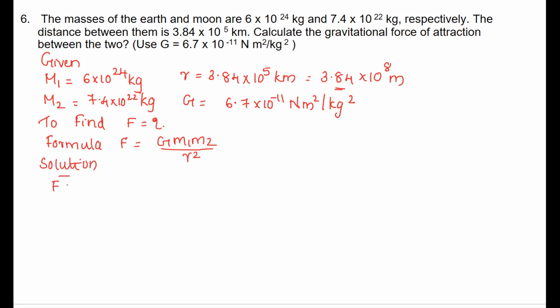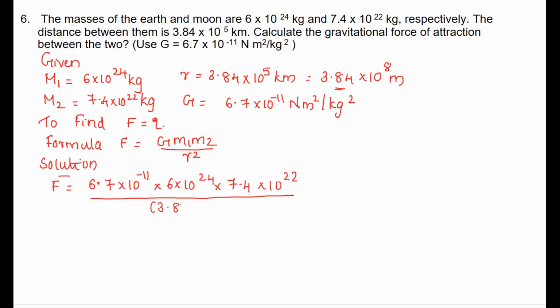That is, F is equal to G is 6.7 into 10 raised to minus 11 into m1 is 6 into 10 raised to 24 into m2 is 7.4 into 10 raised to 22 upon r. r is 3.84 into 10 raised to 8, the whole square will come.